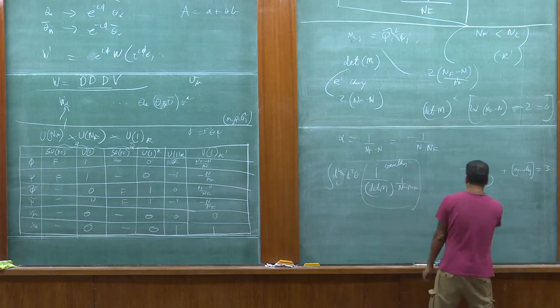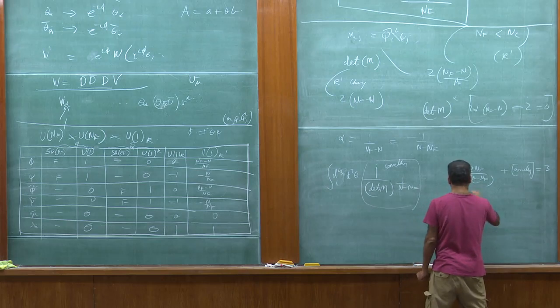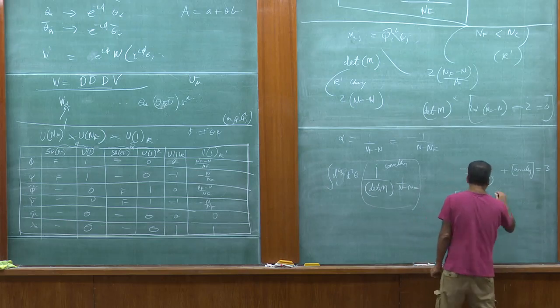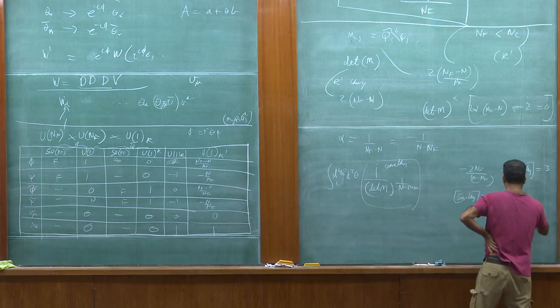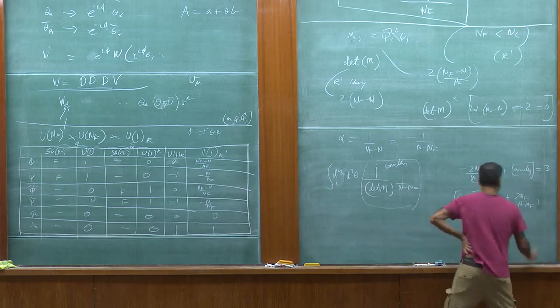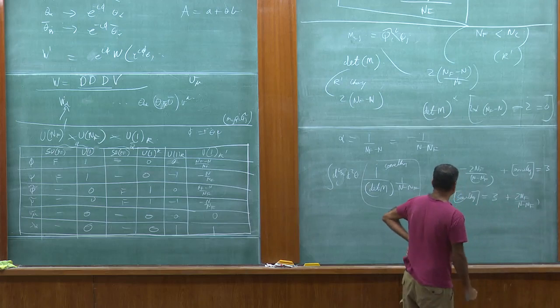So the dimension of that something is equal to 3 plus 2NF by N minus NF. It's looking a bit odd.